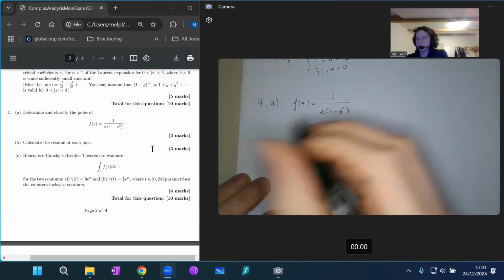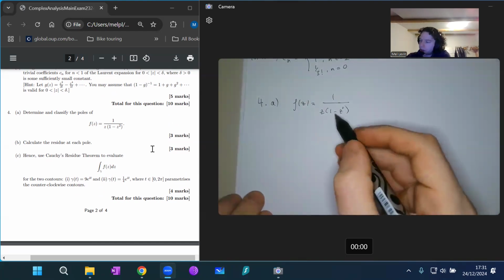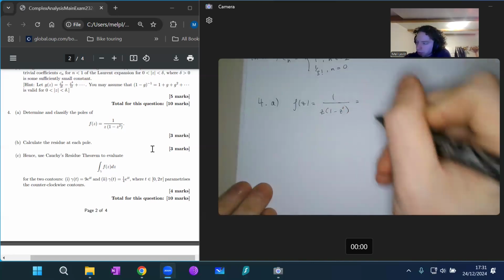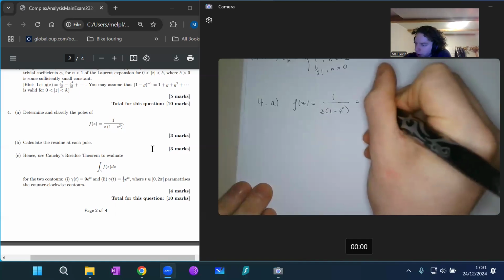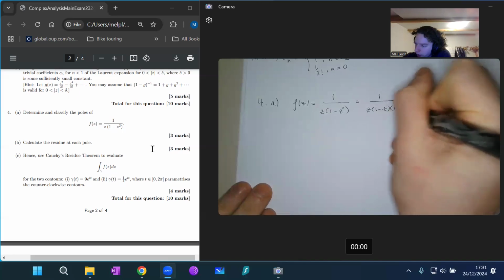We've just got a polynomial here, and I noticed that 1 minus z squared can be factorized into linear factors. So it's 1 over z, (1 minus z), (1 plus z).